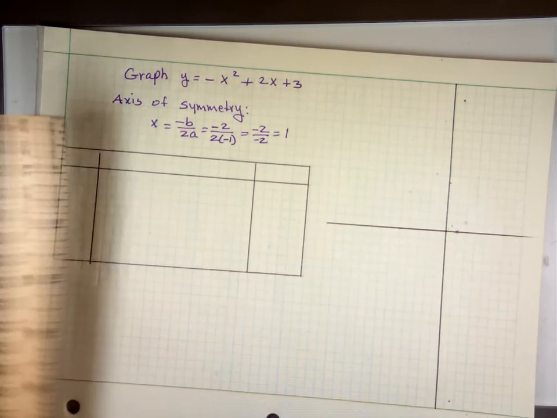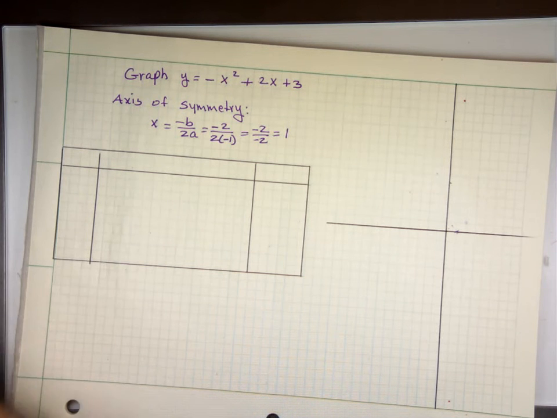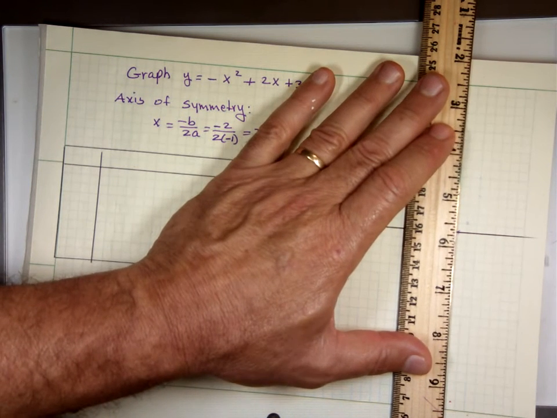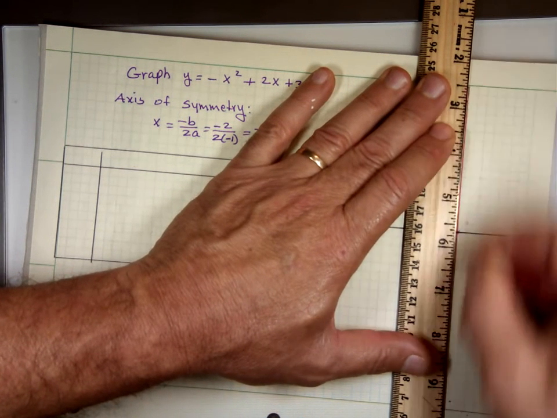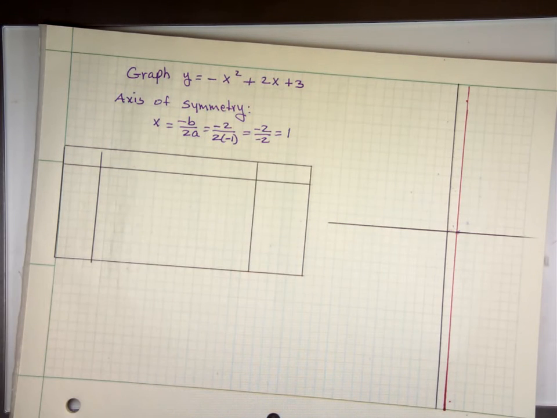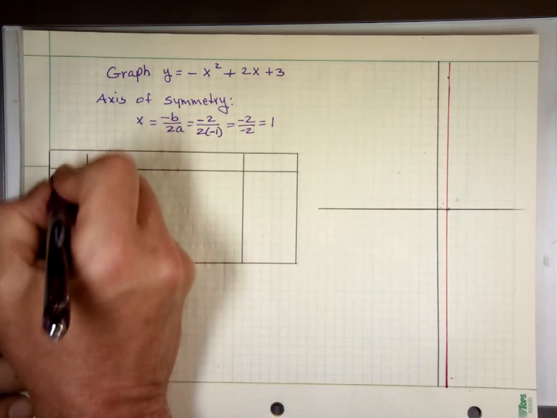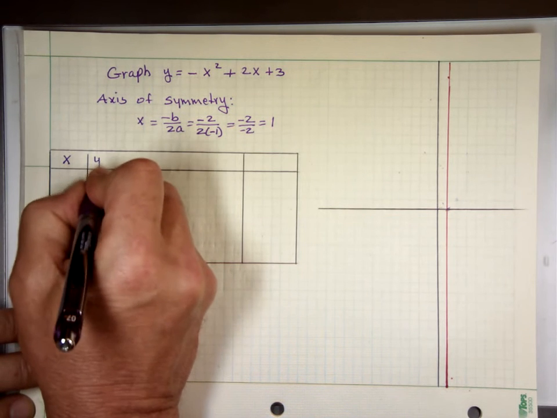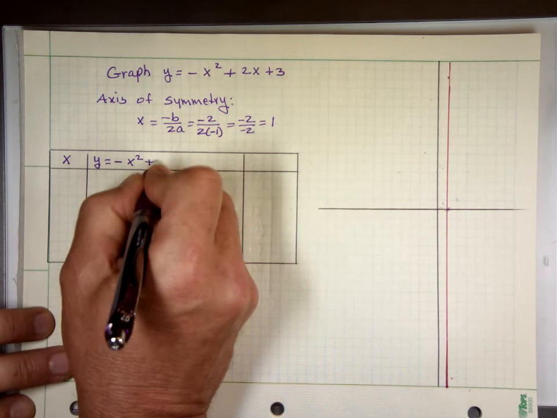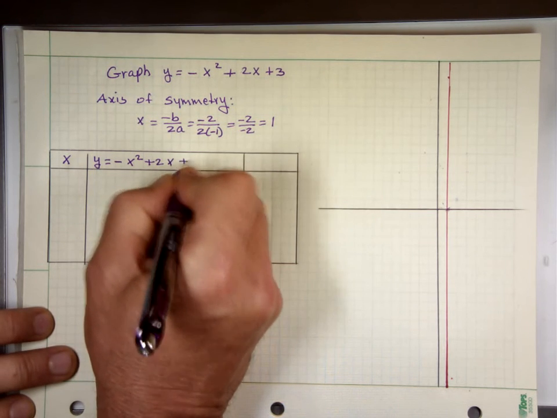Now the axis of symmetry, I'll make it red so you'll see it, at x equals 1. So it's going to be symmetric along this line. So let's pick values for x. Let's use y equals negative x squared plus 2x plus 3 and write them as a point.